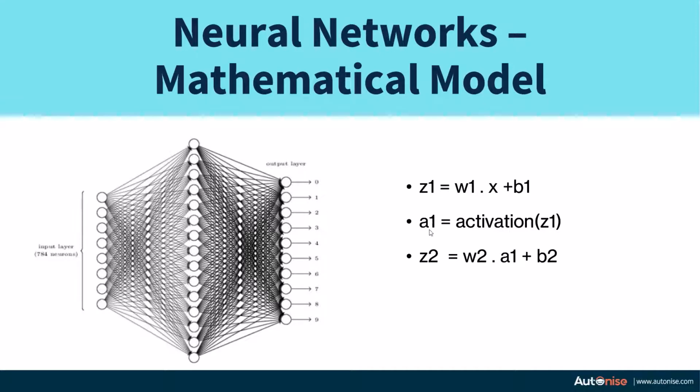A corresponds to activation, so it's the activation of the first layer. Then you again multiply it with the weights of the second hidden layer, you add the bias, and you finally get the output Z2. So neural networks are nothing but perceptrons having continuous, non-linear activation functions.